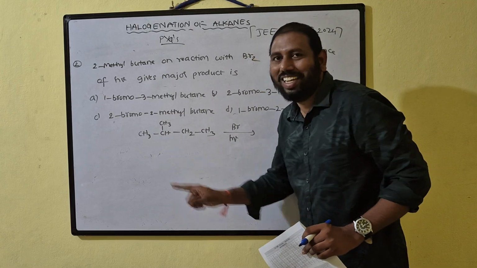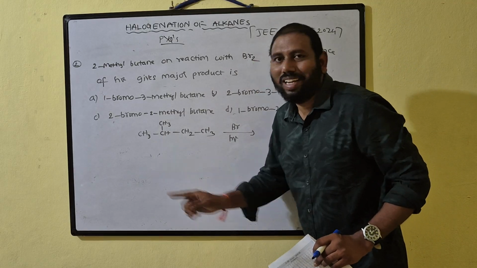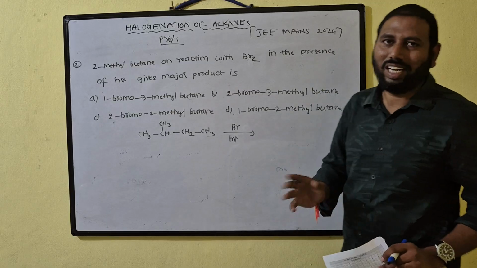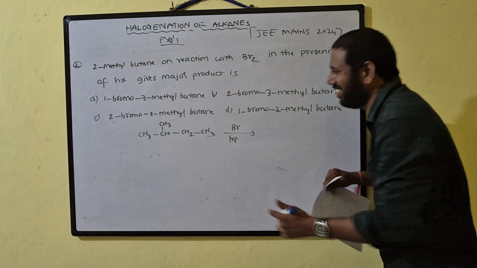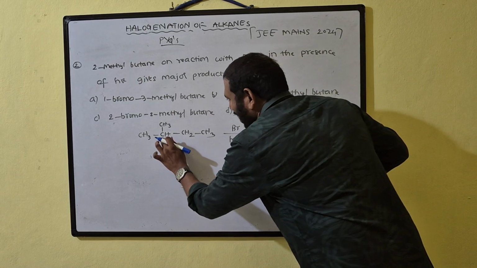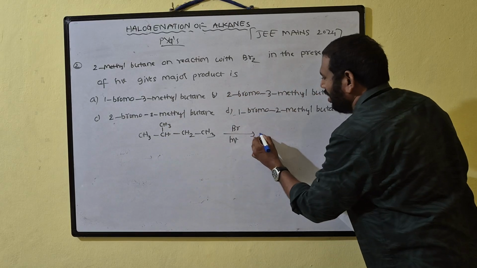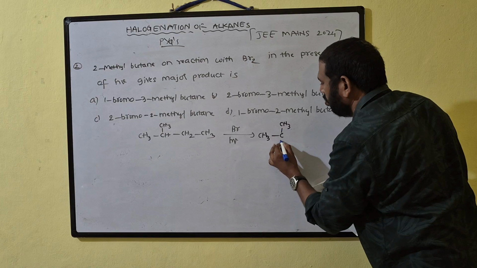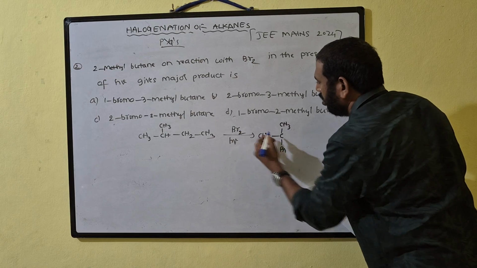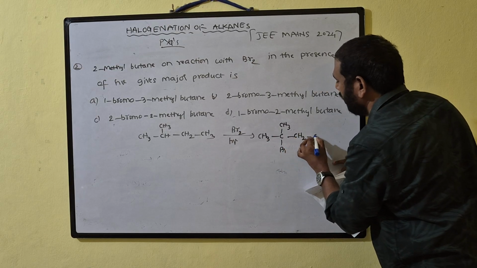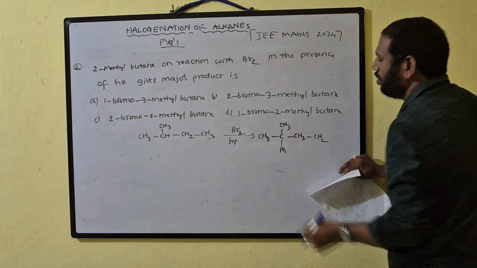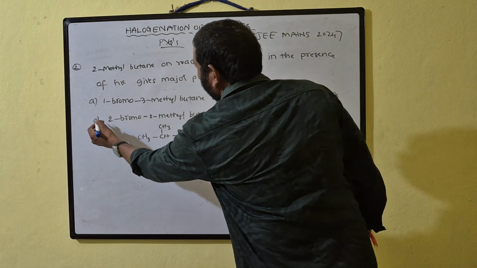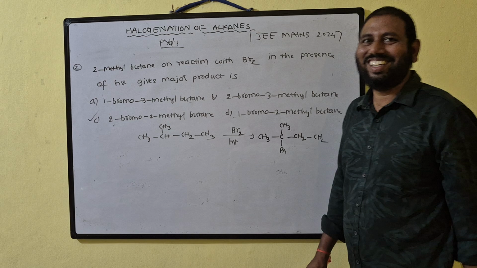The 3 degree carbon. 3 degree hydrogen is more reactive than 2 degree and 1 degree. Hence substitution takes place at the 3 degree carbon, giving CH3-CBr(CH3)-CH2-CH3. It is 2-bromo-2-methylbutane. Option C is the correct answer.